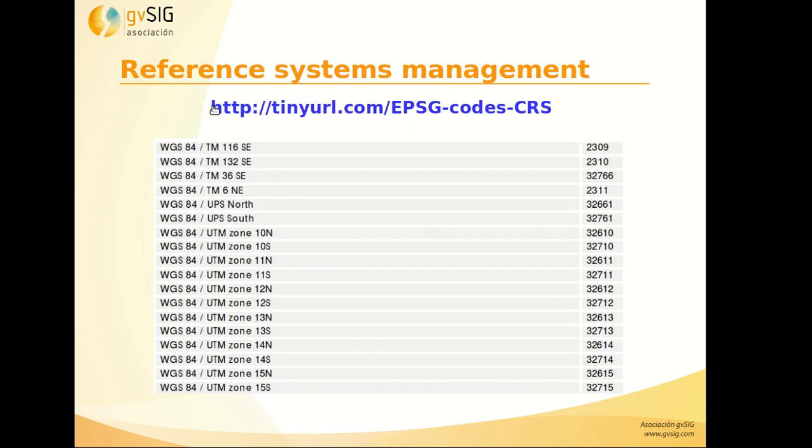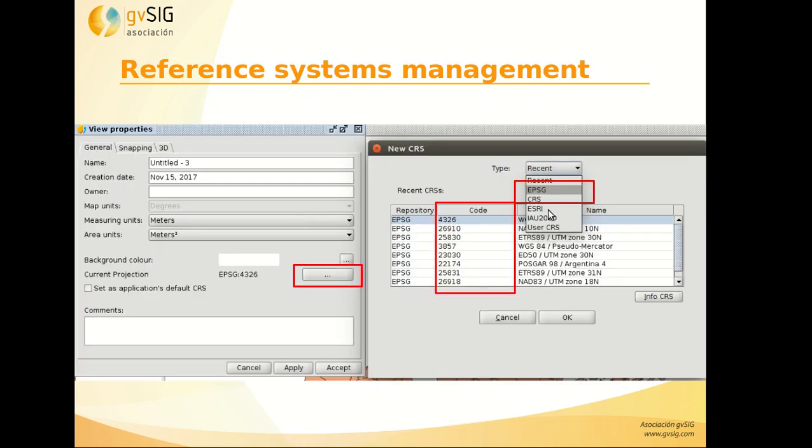Here at this link you can find all the EPSG codes that are available to be managed from GBC. In GBC we have the reference system of the view, and we can change it. From this option, we can look for the different codes depending on our area or our cartography.